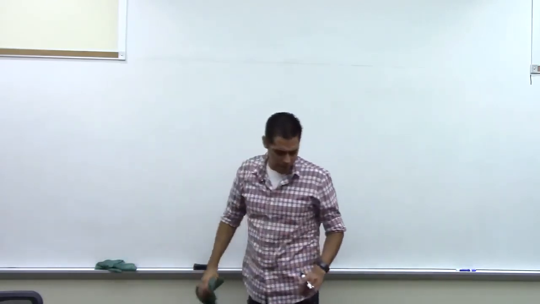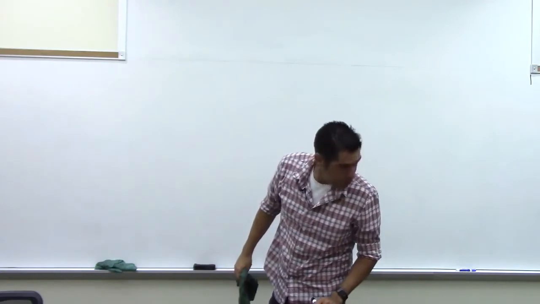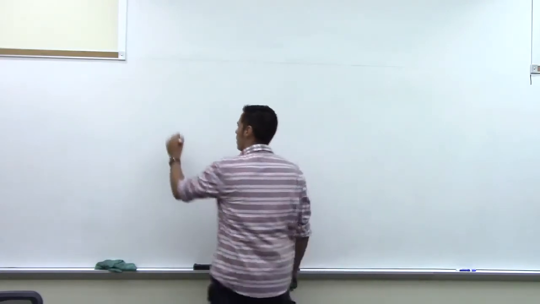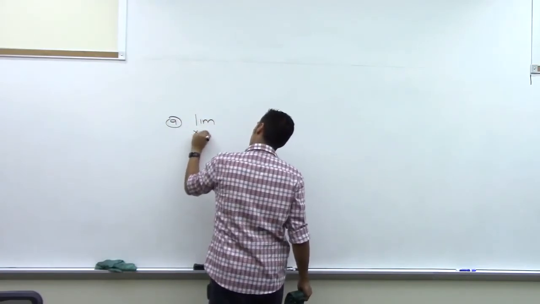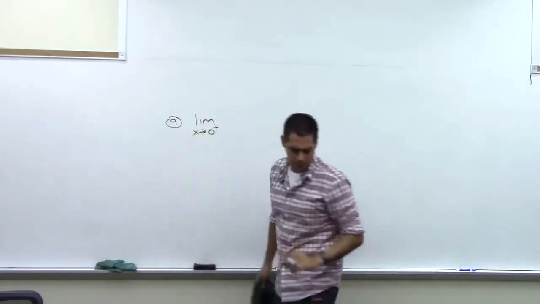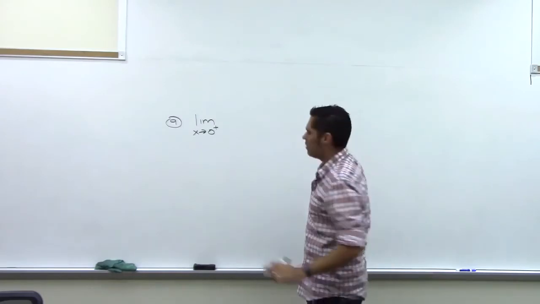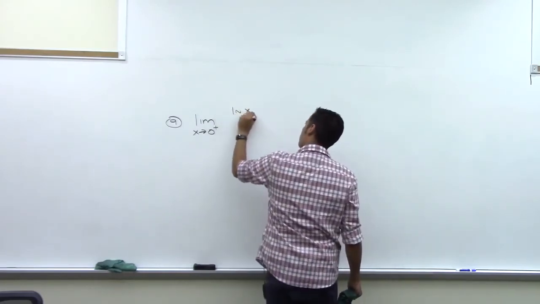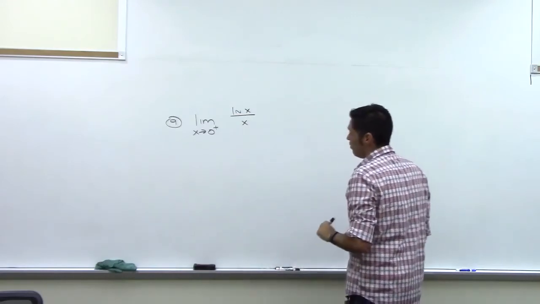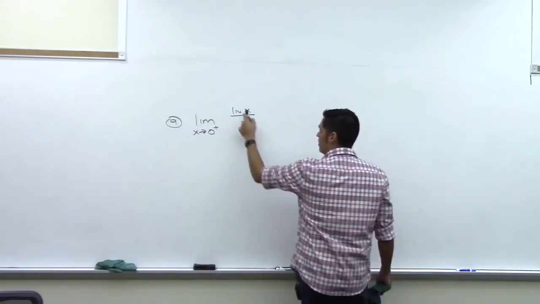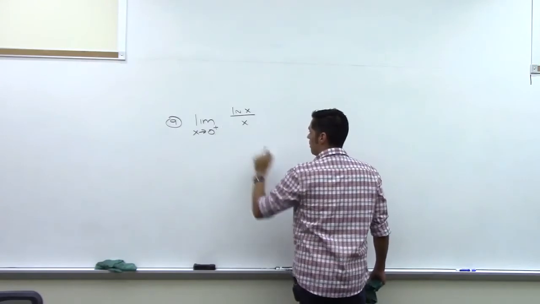All right, number 9. Limit x approaches 0 from the right of natural log x over x. All right. So let's see what happens here. What happens to the natural log function as we approach 0 from the right?